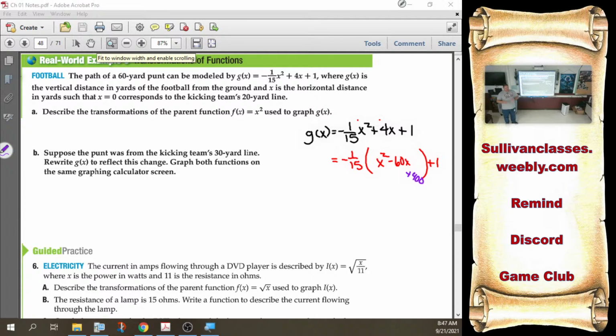I added whatever negative 1/15 times 900 is. So what is negative 1/15 of 900? Close. Negative 60. So if I subtracted 60 on this side, normally we would subtract 60 here, subtract 60 here, right? But I want it on this side. So I will instead add 60 on the outside to balance out what just happened.